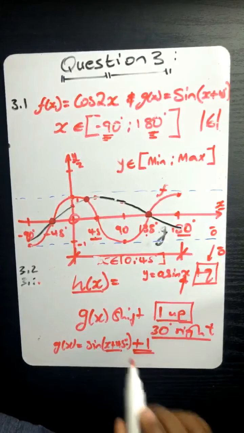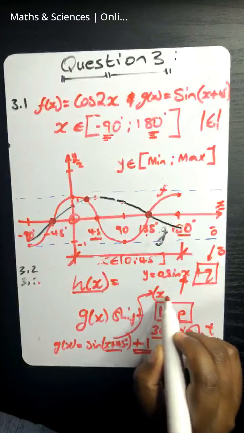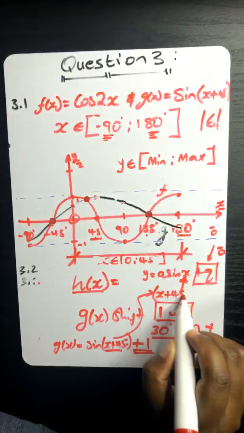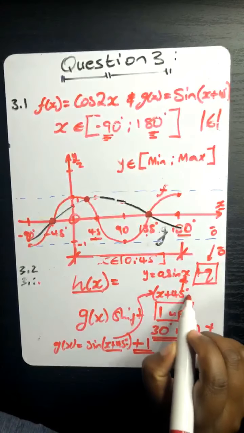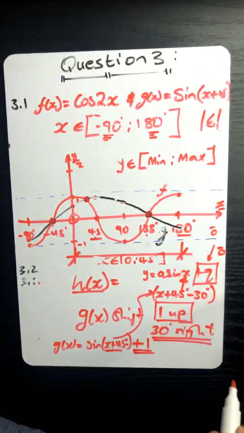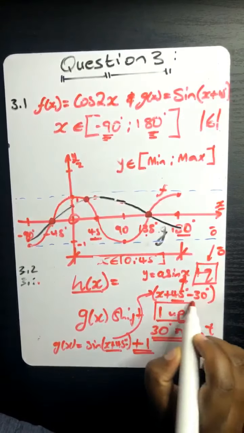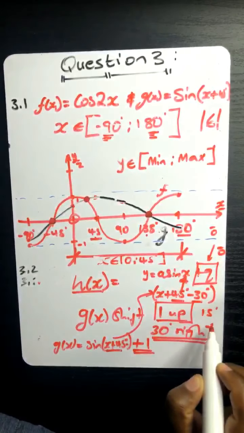So the angle is as it is, x plus 45, but because it is shifting by 30 to the right, inside the brackets there you subtract 30 degrees. What is 45 minus 30? Is it not 15 degrees?